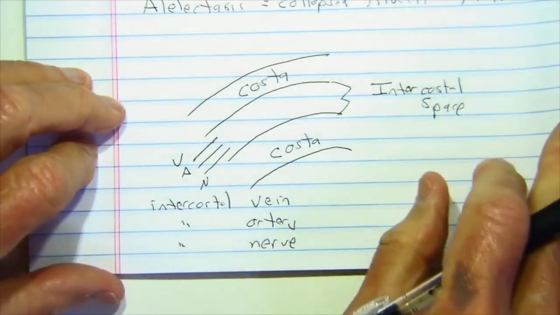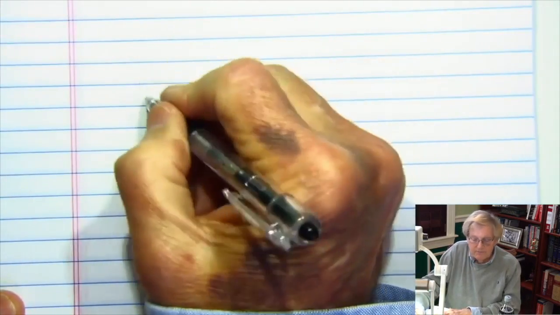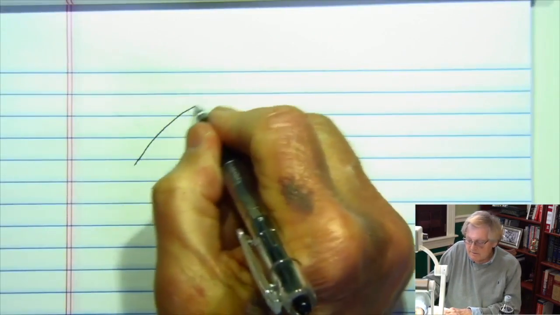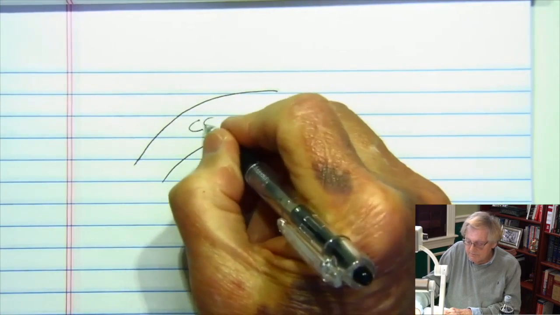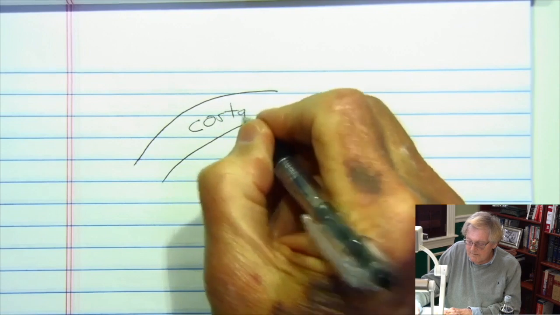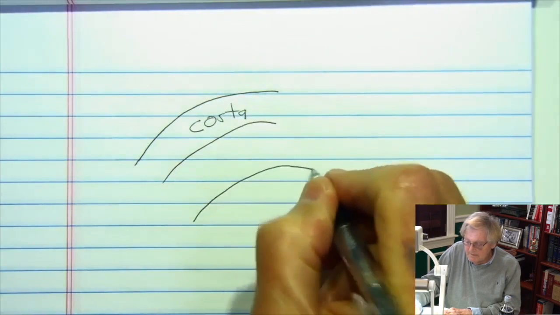And again, to refresh your recollection of musculature from 168, when you're looking at that rib cage, and this again is a rib here, so I'll just write costa or rib. And then I'm going to write here another costa.